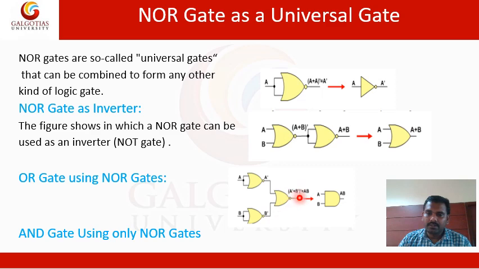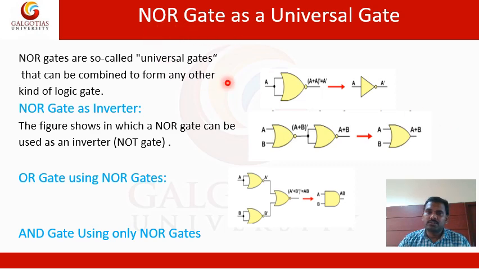Finally the output will be (A dash plus B dash) whole bar, which is equivalent to AB, because the output of an AND gate is A dot B. So we can derive the AND gate by three NOR gates, the OR gate by two NOR gates, and the NOT gate by only one NOR gate. That's why it is called a universal logic gate.